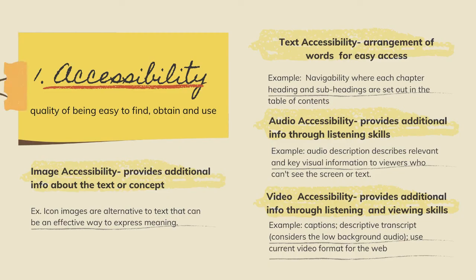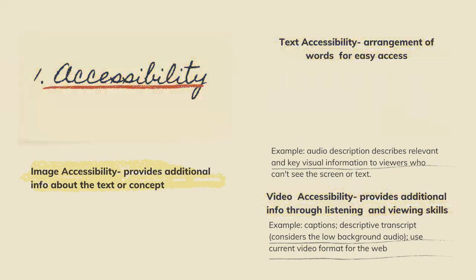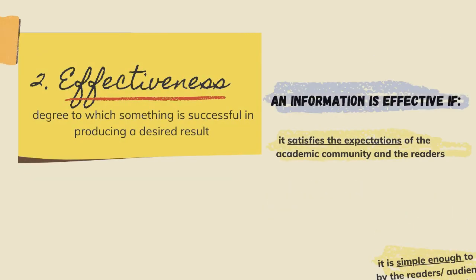And the last is image accessibility. It provides additional information about the text or concept. Example, icon images. These are alternatives to text that can be an effective way to express meaning. The second criteria is effectiveness.